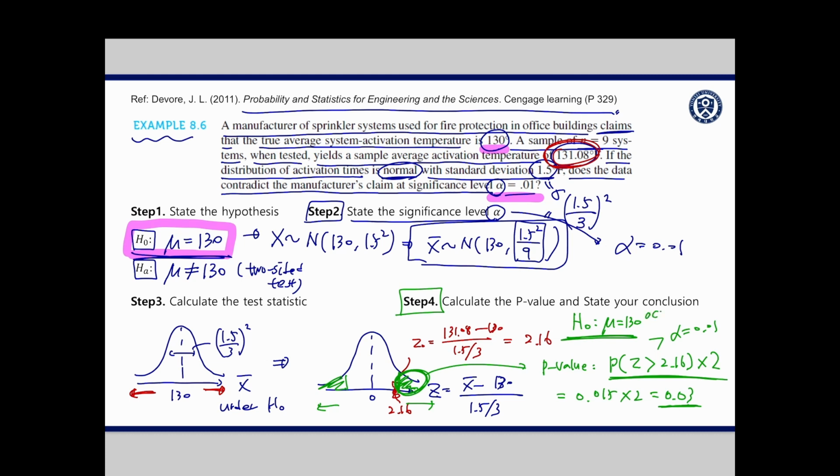It is accepted, not rejected. However, if we set alpha equal 0.05, we can reject the null hypothesis H0.